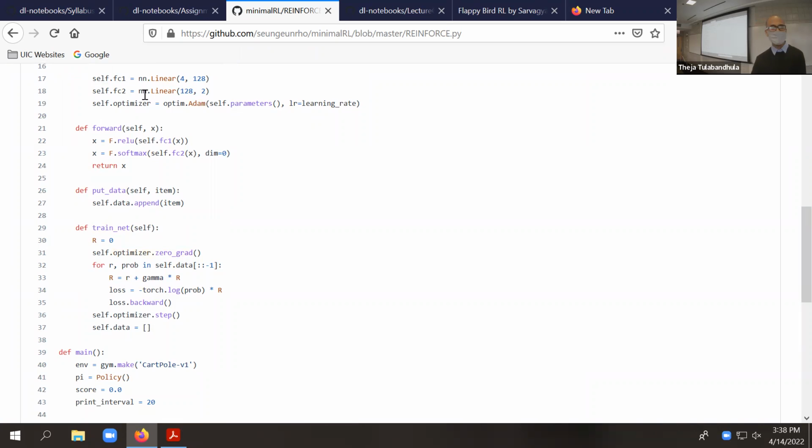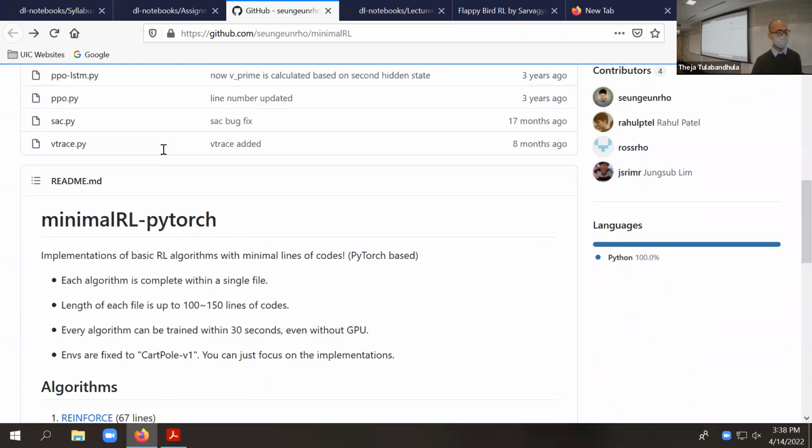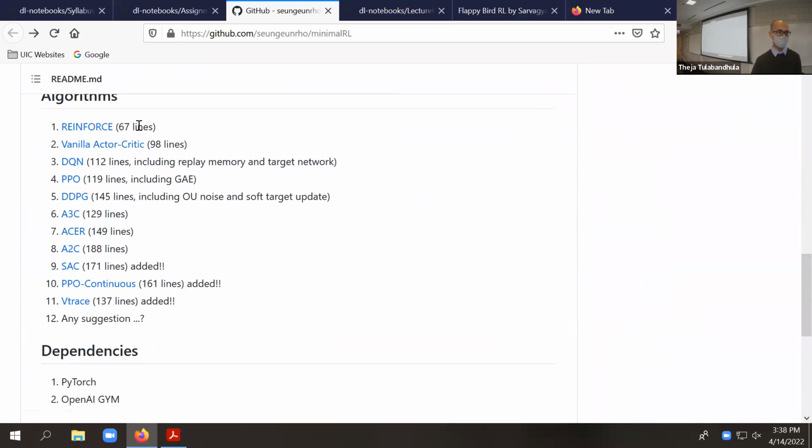Try it out. The number of lines is actually given here: REINFORCE has the shortest, at 60 lines of code. What we'll see today, DQN, has extra things, and we'll talk about them today. But it's a good repository to get a feel for other algorithms, other solution approaches, if you're interested.